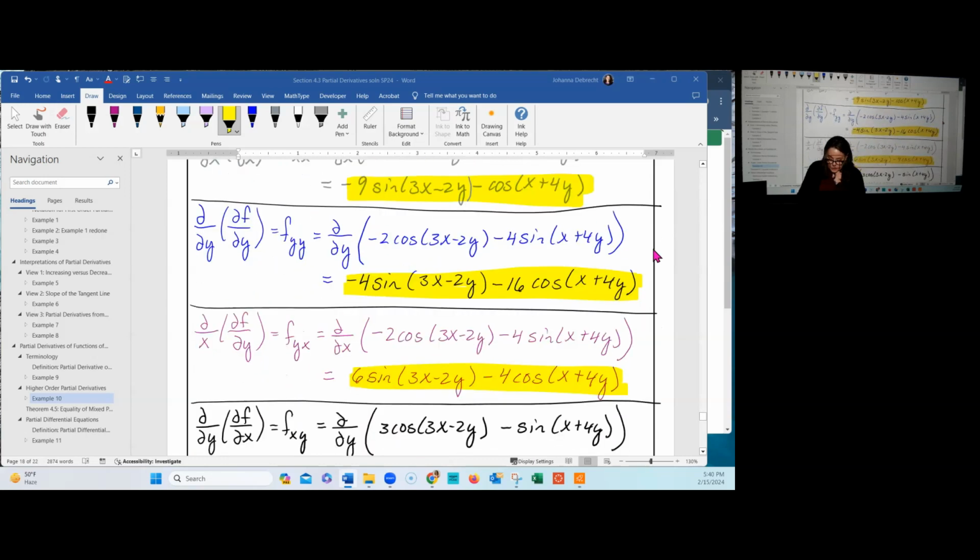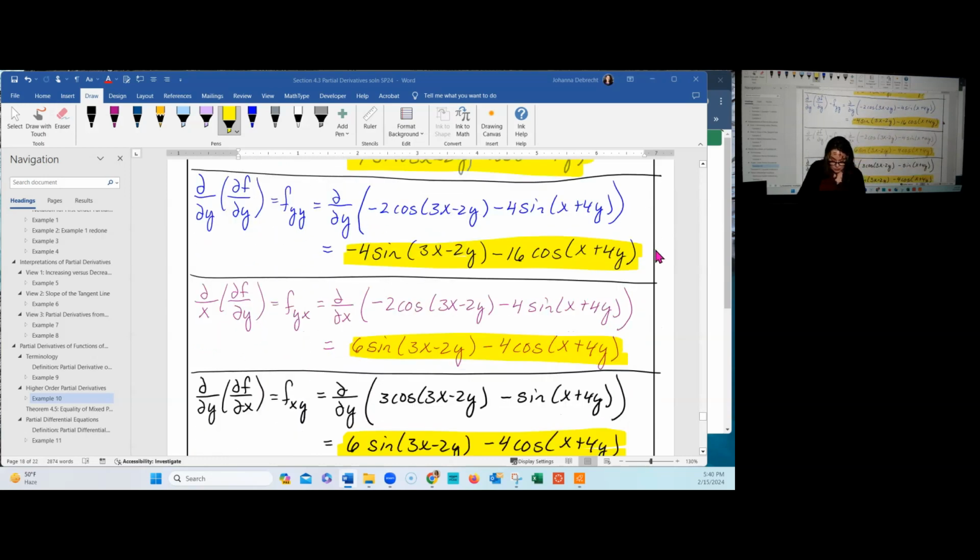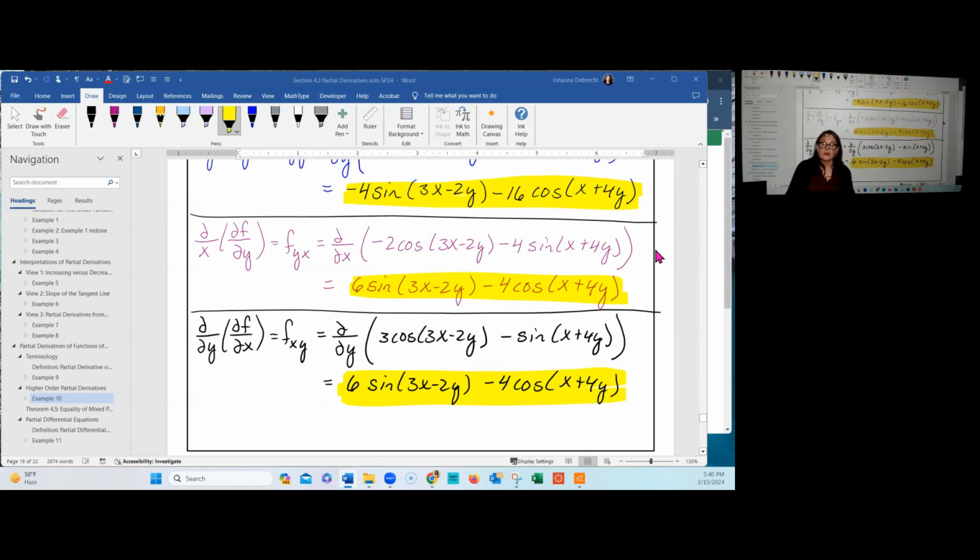Let's take a look at what's called a mixed partial derivative, where we have a partial with respect to each independent variable. In the Leibniz notation, remember it's actually read right to left because what's in parentheses gets done first. So we're applying the partial with respect to x after we've taken the partial with respect to y.